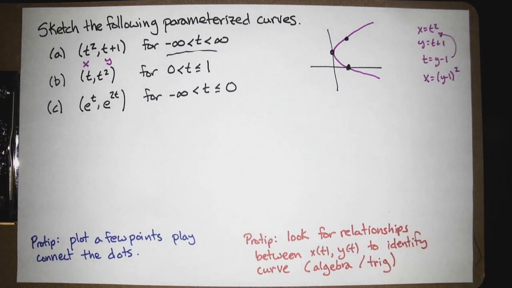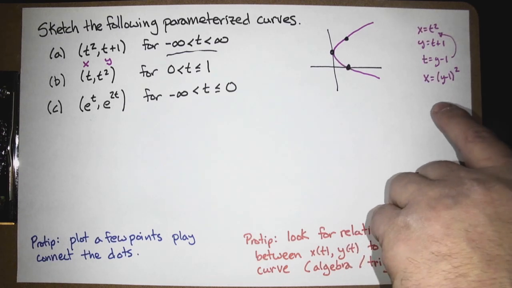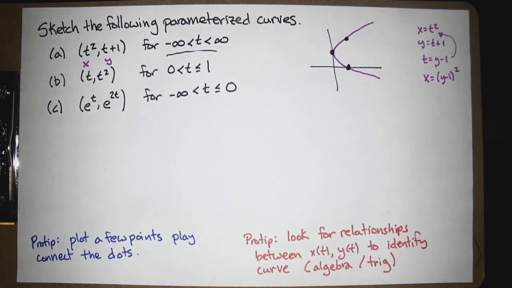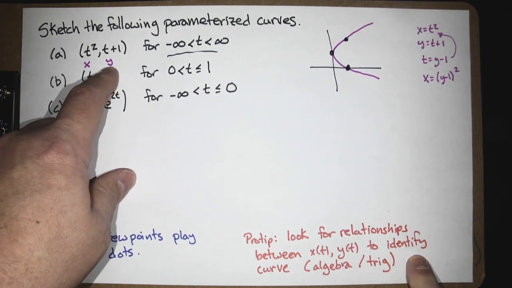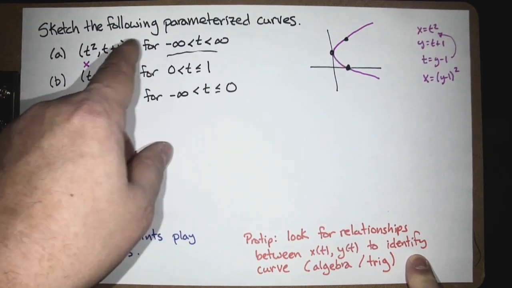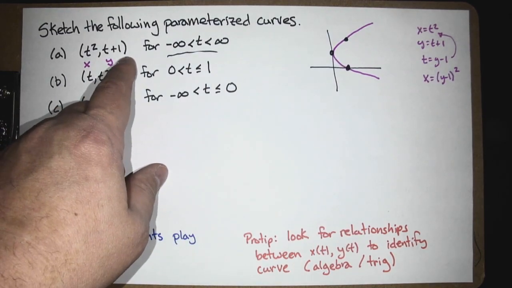But it doesn't mean that every point that satisfies that relationship is a point that we should plot, because when we took the t out, we hid details. Now, do we cover all these possible values? Is this, in fact, the whole graph in this case? Yes. Because if you look for y, which y value should we hit? As t goes from negative infinity to infinity, where does t plus 1 go from?